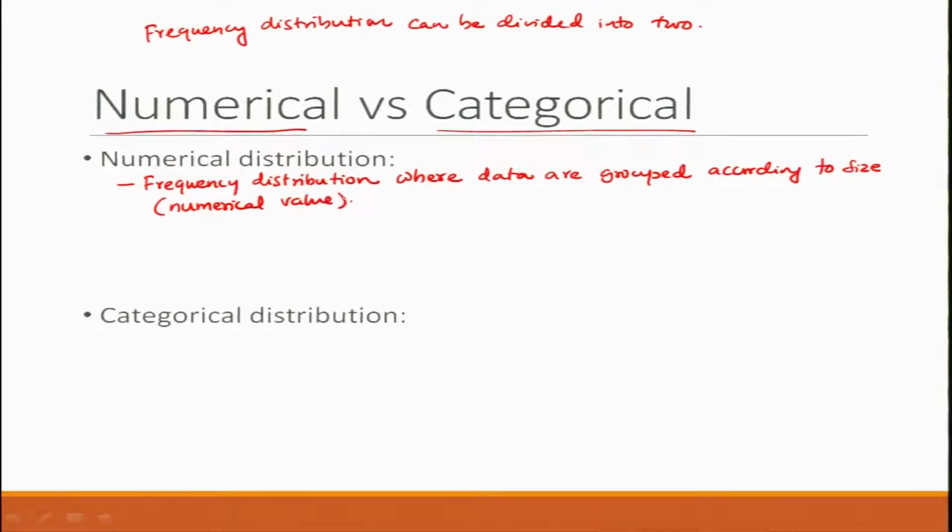Here the data is grouped according to its size or numerical value. What is a categorical distribution? It is again another frequency distribution.